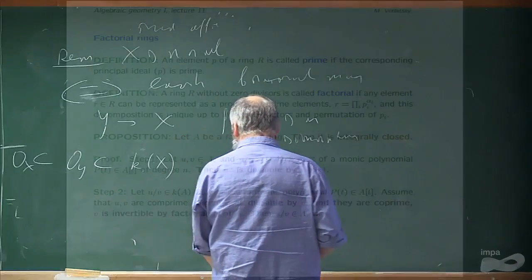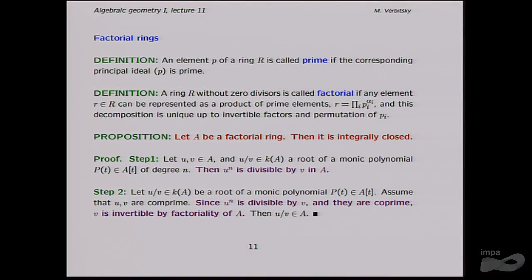Okay, so what is important, and now I will stop and continue next time, is that if a ring R is factorial, then R is integrally closed. The converse is false. Even in number theory, you can have things like Z of square root of minus, I don't know, 5.